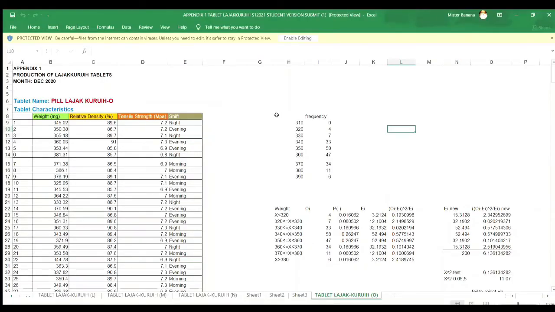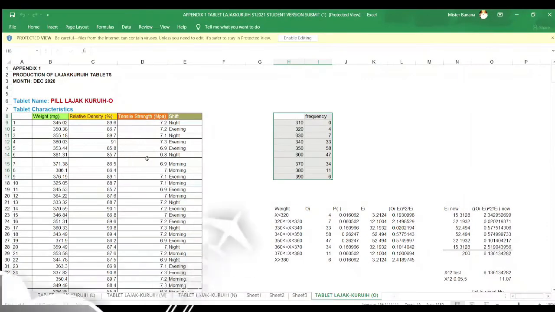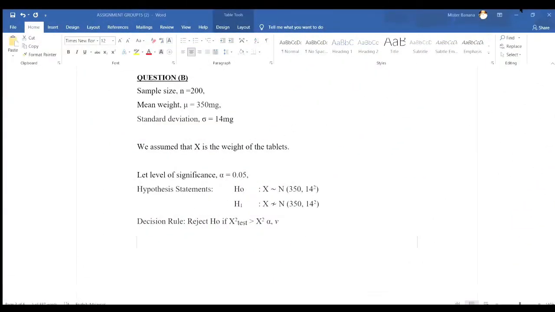So first, we construct a frequency table by the data given for the Tiew Lajak Kuruih O. Then, from the question, we are given that the sample size is equal to 200 and the mean weight 350 mg, standard deviation 40 mg.